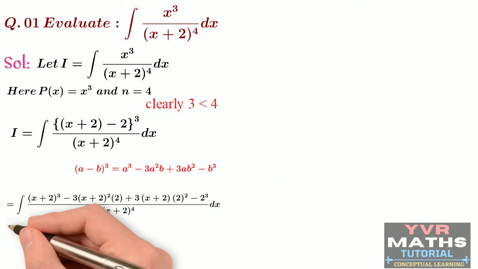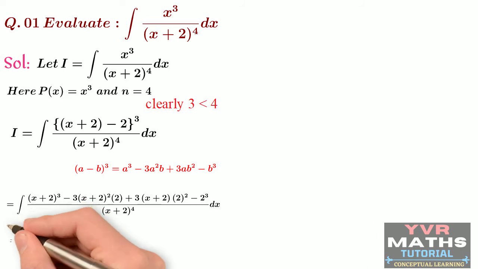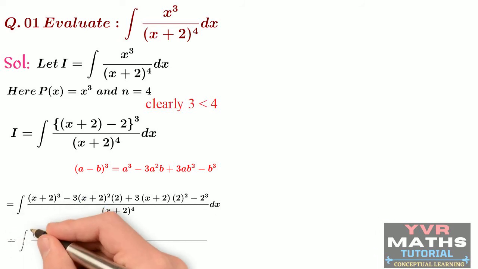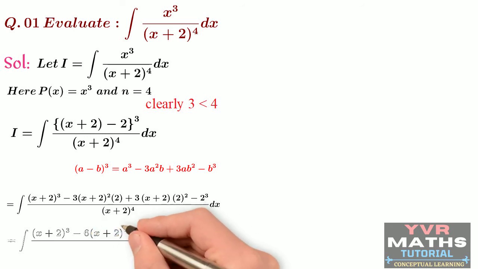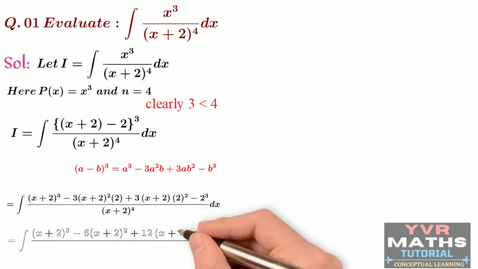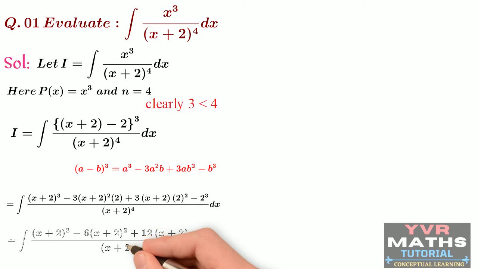Simplify the numerator part. Then in the next step you get integral x plus 2 whole cube minus 6 into x plus 2 whole square plus 12 into x plus 2 minus 8 by x plus 2 whole power 4 dx.